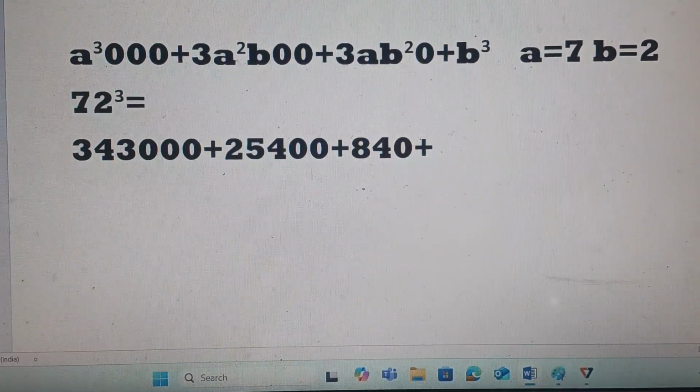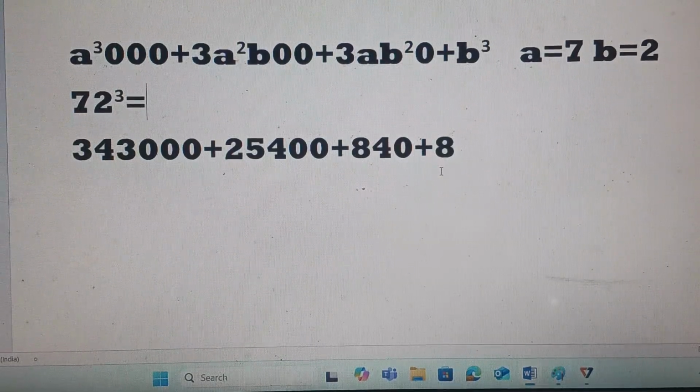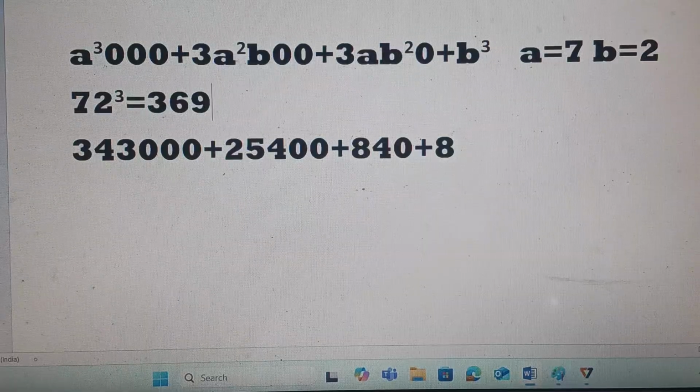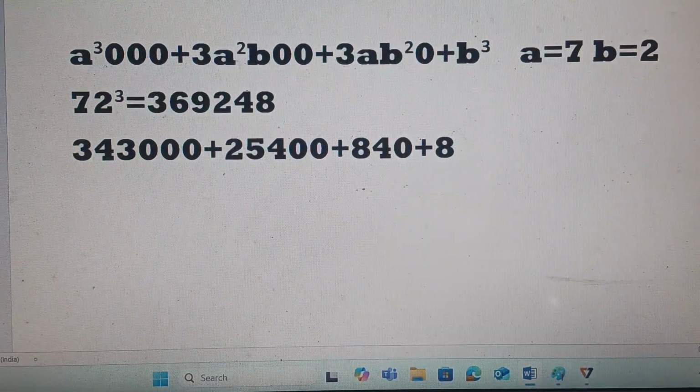Plus, the last one is b cubed. In this case, that's 2. 2 cubed is 8. And so our answer will be 343,000 plus 29,400 plus 840 plus 8, which is 373,248. So 72 cubed is equal to 373,248.